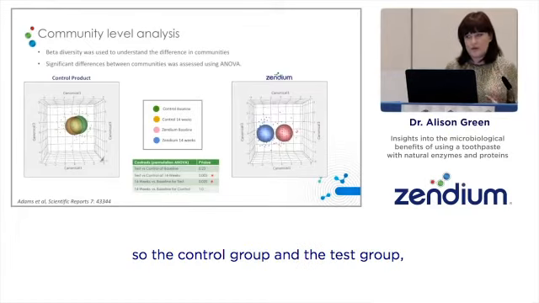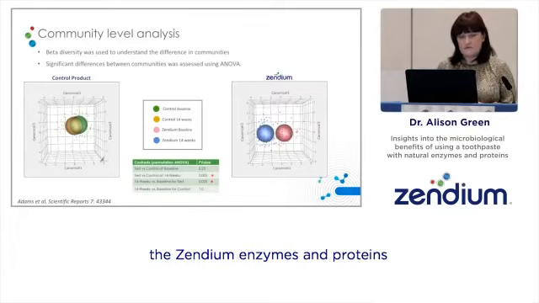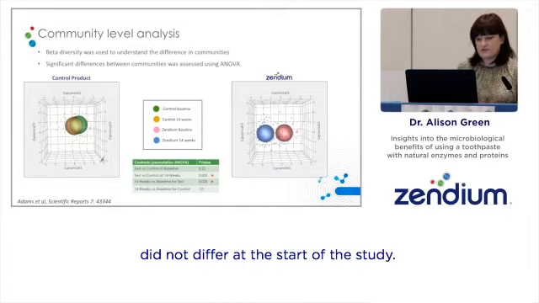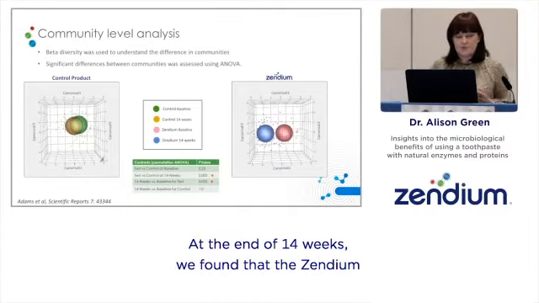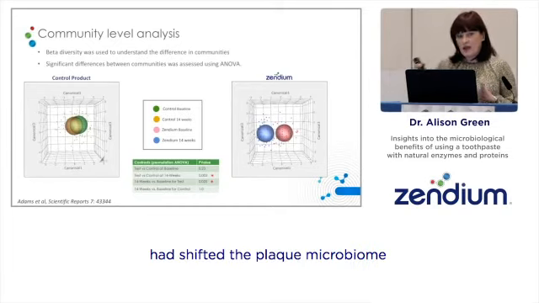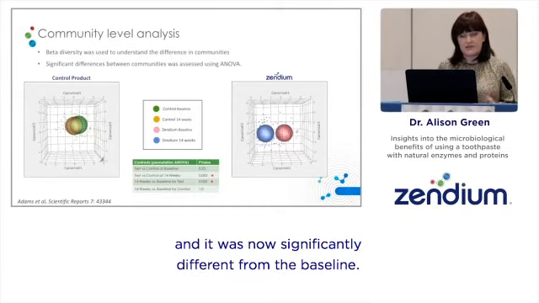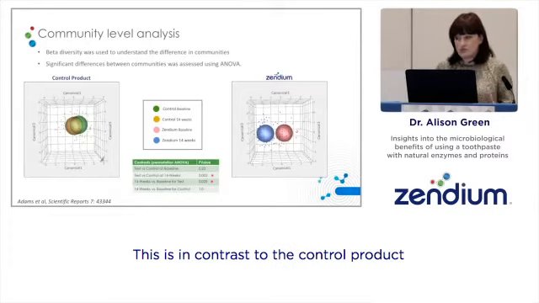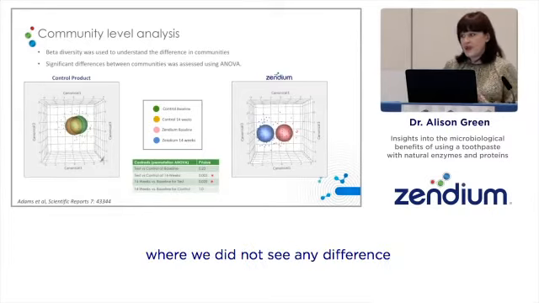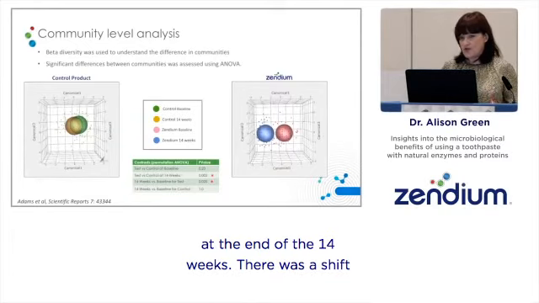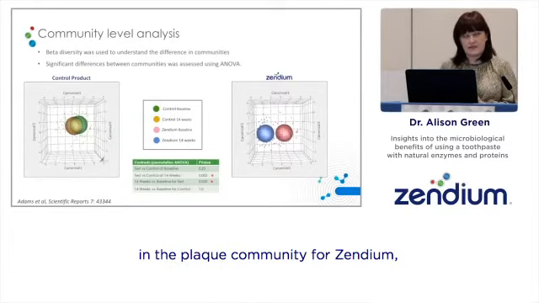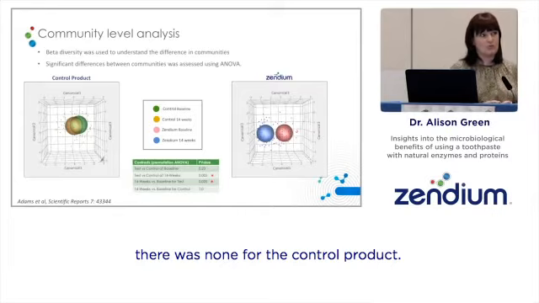So the control group and the test group, the Zendium with the enzymes and proteins, did not differ at the start of the study. At the end of 14 weeks, we found that the Zendium had shifted the plaque microbiome, and it was now significantly different from the baseline. This is in contrast to the control product, where we did not see any difference at the end of the 14 weeks. So there was a shift in the plaque community for Zendium, there was none for the control product.